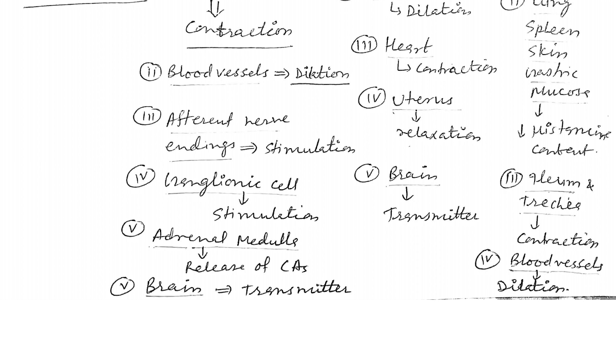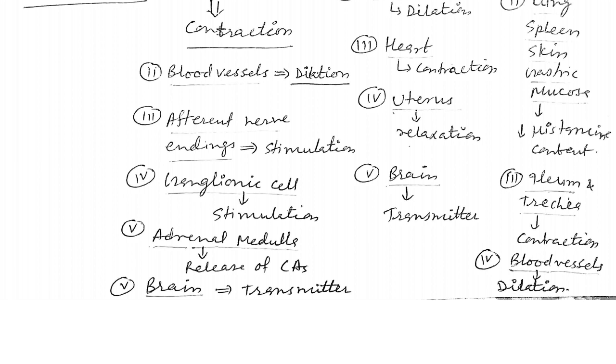The medulla is responsible for release of catecholamines, adrenaline and noradrenaline, which are responsible for transmission of impulses at the nerve ending that I discussed previously. So histamines bind with the adrenal medulla and enhance the release of catecholamines.